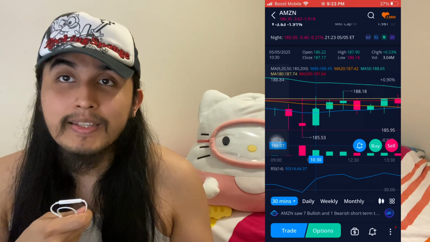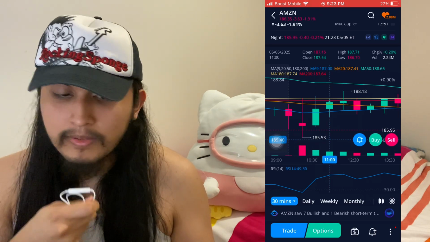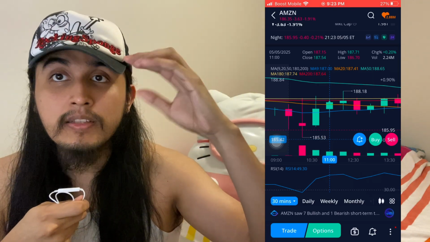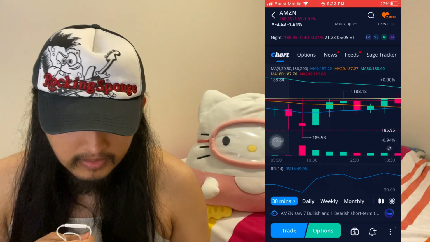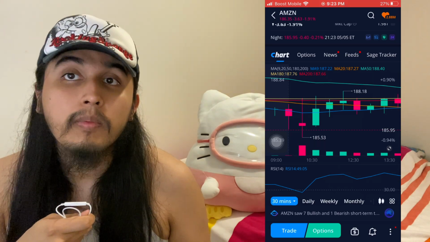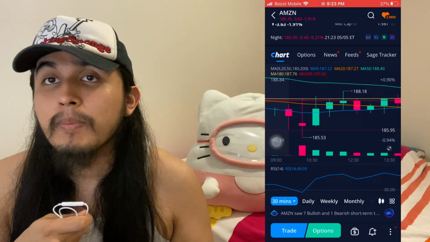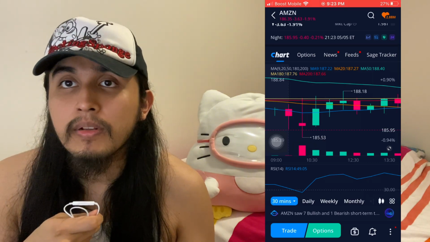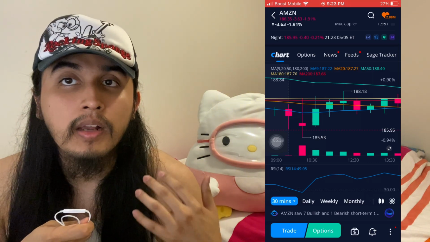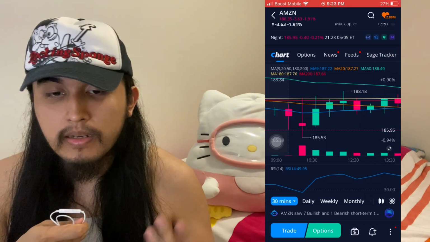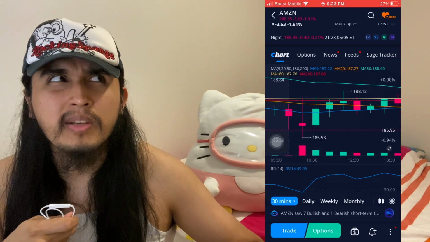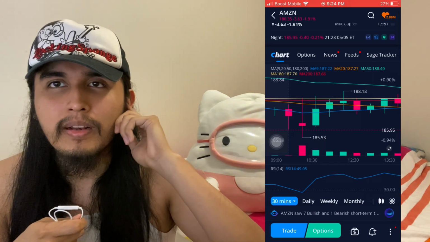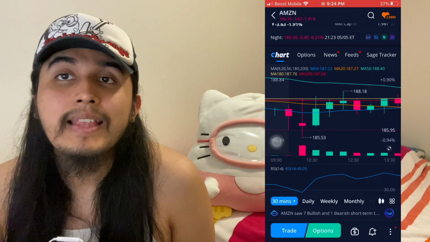As soon as I see it's about to approach that 50-day moving average, I'm going to buy more put options on Amazon. That way, if that scenario does happen, my position will be in the green a lot faster than if I were to just let it ride how it is. I don't know how to really say it, but that's the next step I would take.